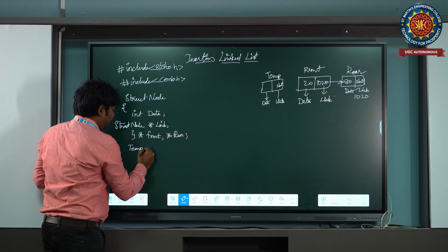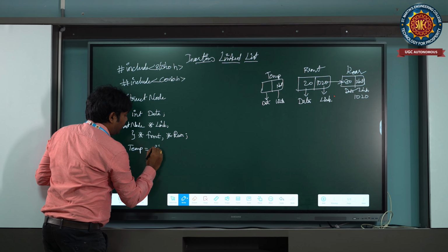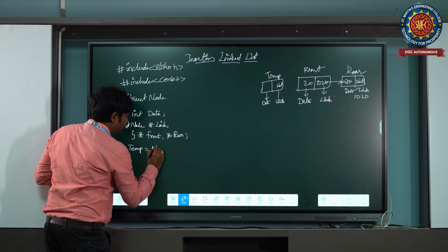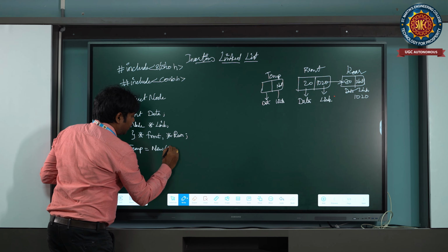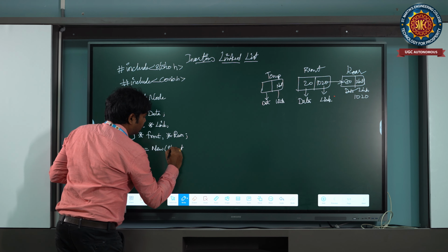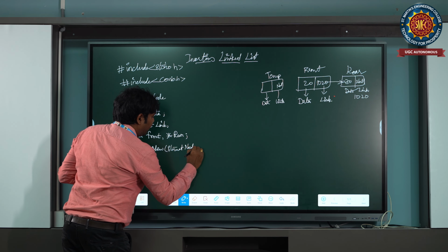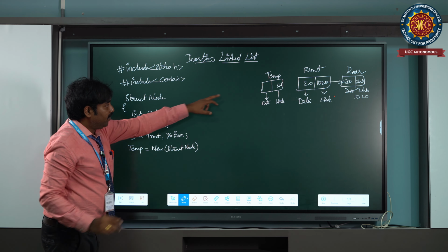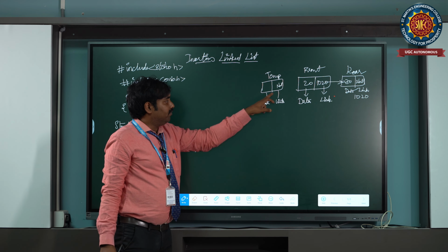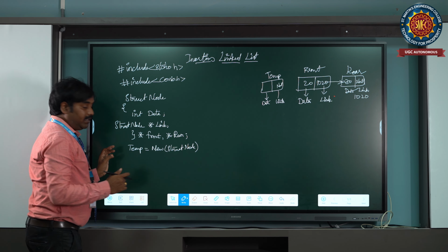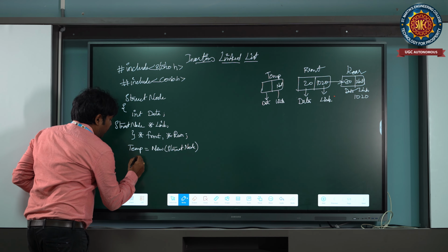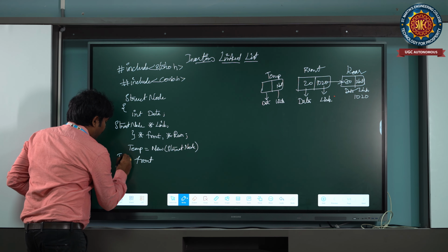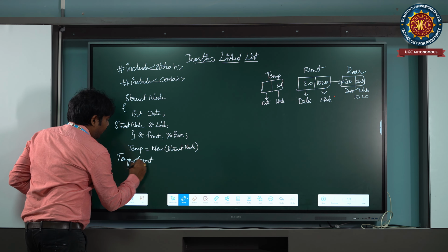So temp is equal to new struct node. Whenever I call this one, it will directly go here, and temp will be created for us this way with all this. So here will be the temp node, with data: temp of front equal to 10.